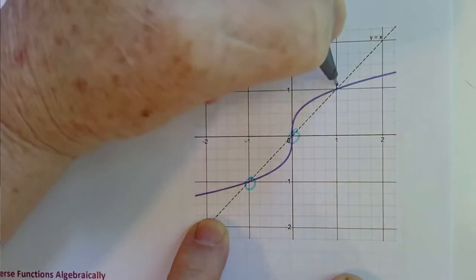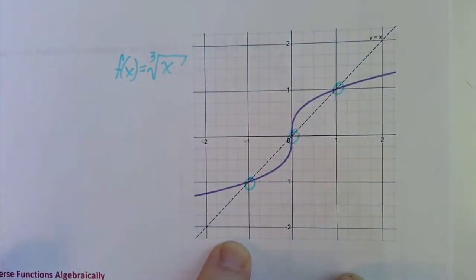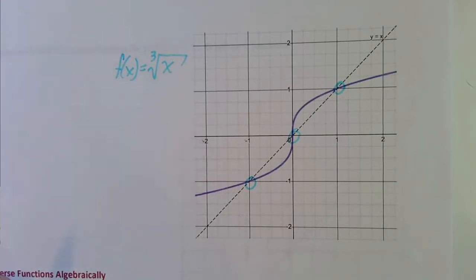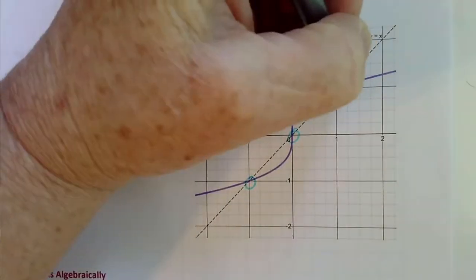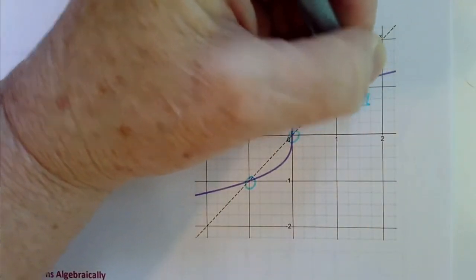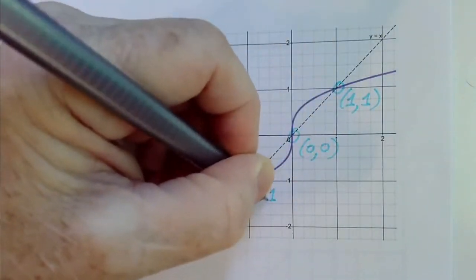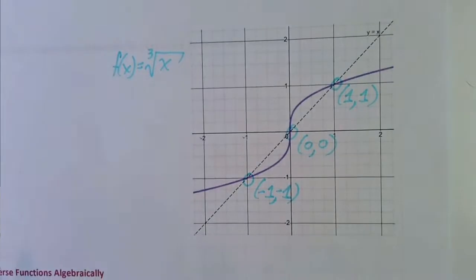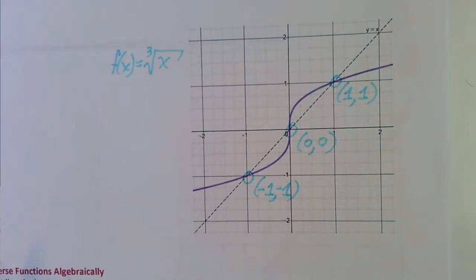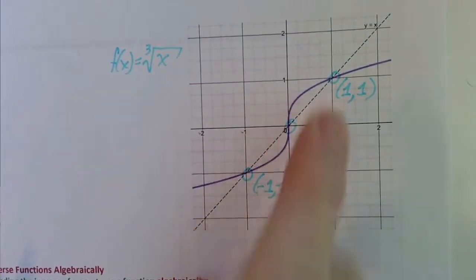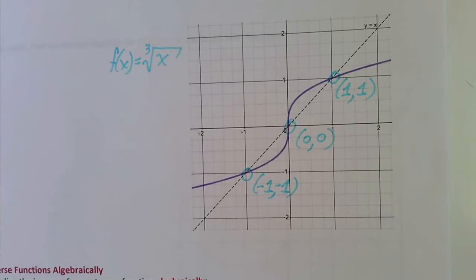I notice I have 3 points, but they're all on that line y equals x. In other words, if I switch the order, I get the same points. But that's okay because I can see what happens between these points. So let's go ahead and sketch.